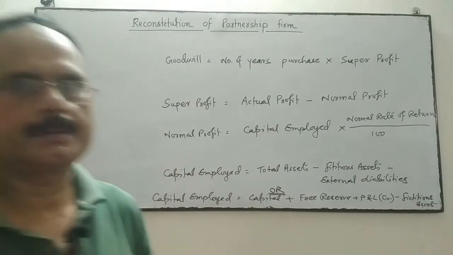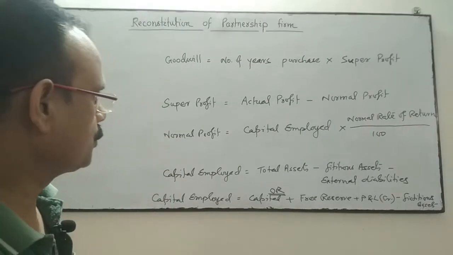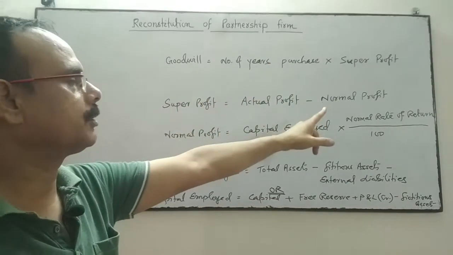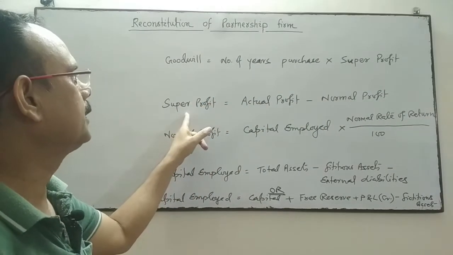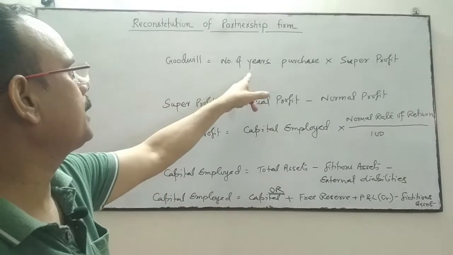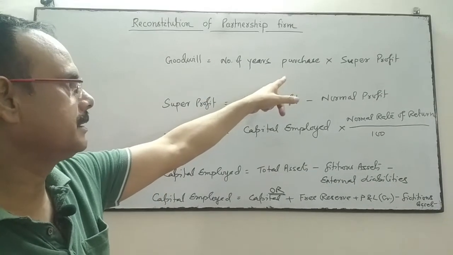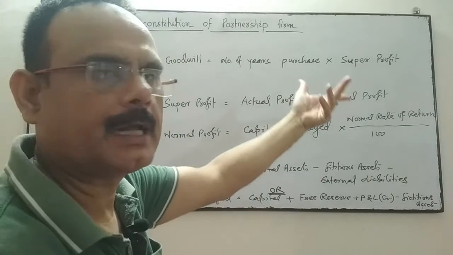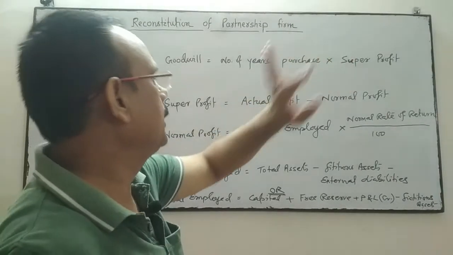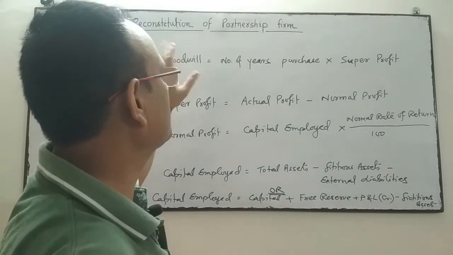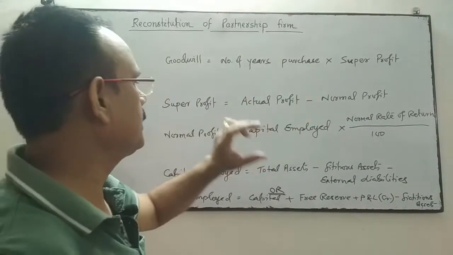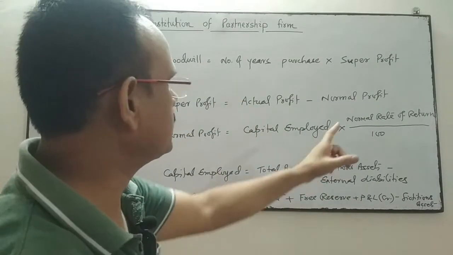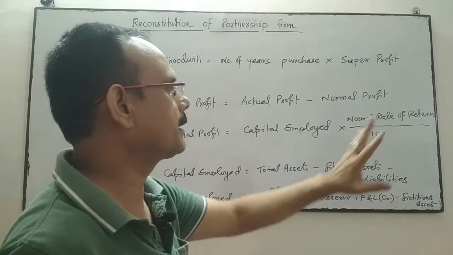So super profit means when the actual profit exceeds the normal profit. When the super profit is multiplied by the number of years purchase, it may be 5 years, 3 years, 4 years, 2.5 years, into super profit, then we get the amount of goodwill. What is normal profit? Capital employed in the business into normal rate of return upon 100.